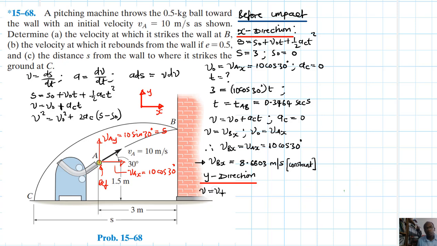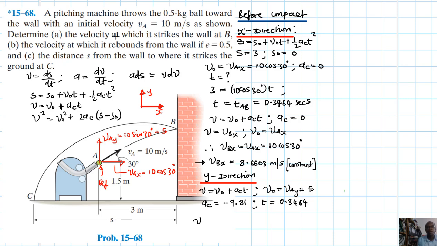V is equal to V naught plus a t, where our V here will be equal to V_AY, which is equal to 5, and a is equal to minus 9.81, acceleration due to gravity, and t here is equal to 2AB, which is just equal to 0.3464.